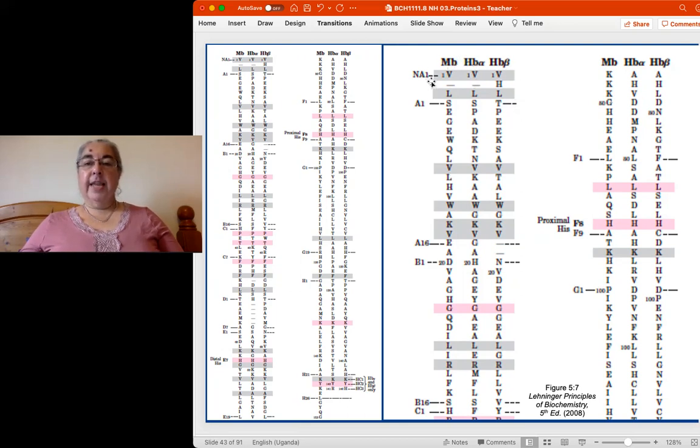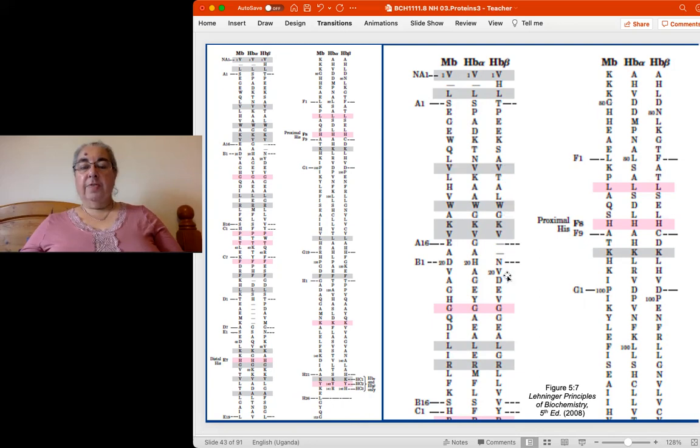So you can see that the N-terminal amino acid in all 3 of these polypeptide chains is V, a valine. And then you can see a number of other places where the same amino acid is found in all of them: valine here, tryptophan here, lysine here, valine again, and so on.